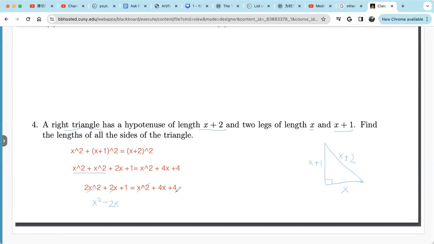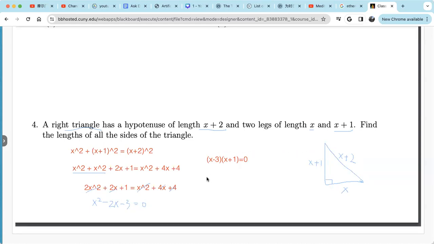Then we have minus 4 on both sides, we have negative 3 equals 0. Now we can factor this. This can be factored as x minus 3 and x plus 1 equals 0.